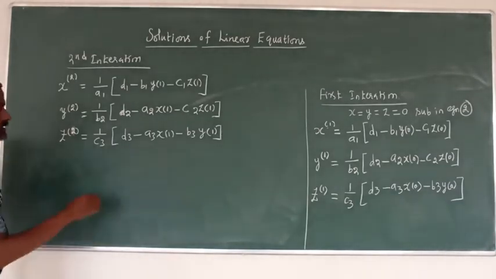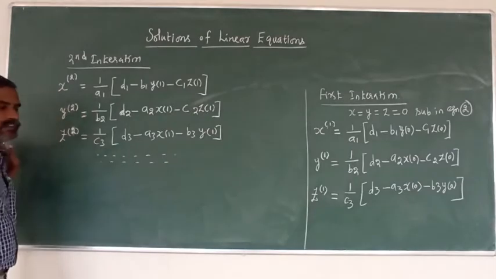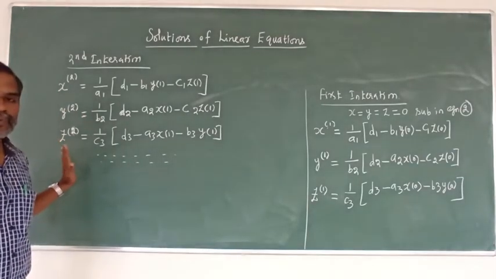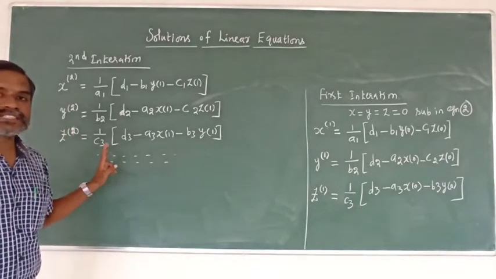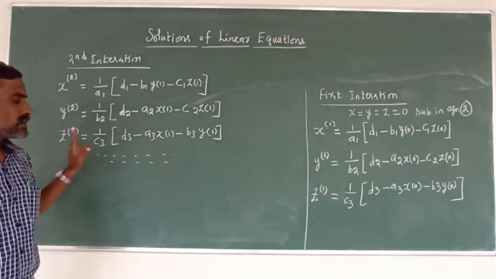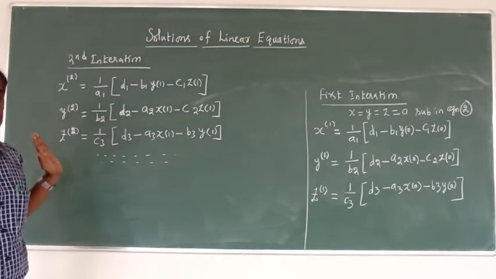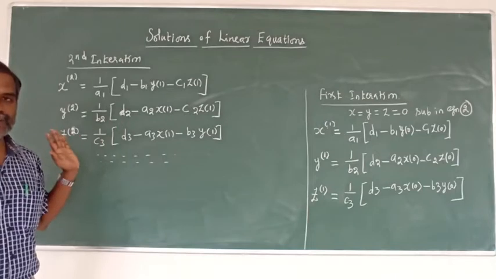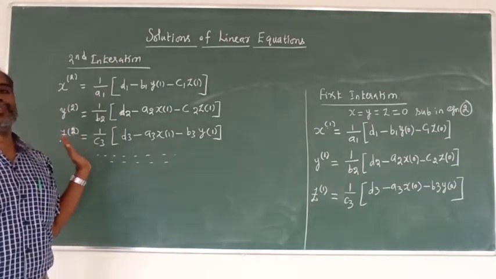Now this process will be continued up to the point where two iteration results are the same. To stop the process, we get the x value, y value, z value by using the Gauss-Jacobi iteration method.